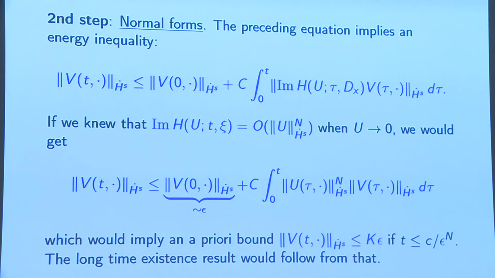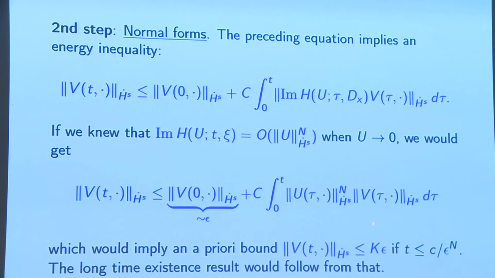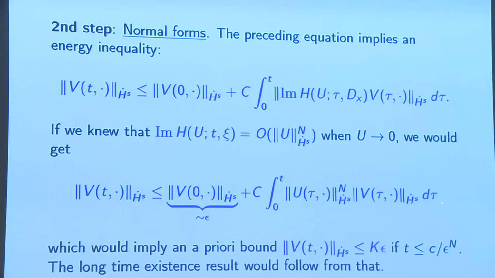Because in this case, we could write the preceding inequality saying that the Sobolev norm of v at time t is bounded by the Sobolev norm of v at time 0 plus an integral from 0 to t of norm of u at time tau in H^s to the power n, times norm of v at time tau in H^s, d tau.